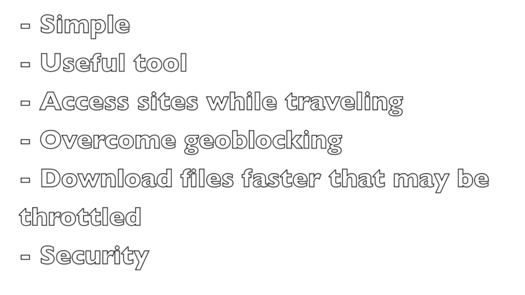It can allow you to access your home's network while traveling, hide your browsing activity, access geo-blocked websites, and download files. The reason to download with a VPN is usually because ISPs sometimes throttle certain things like torrenting.